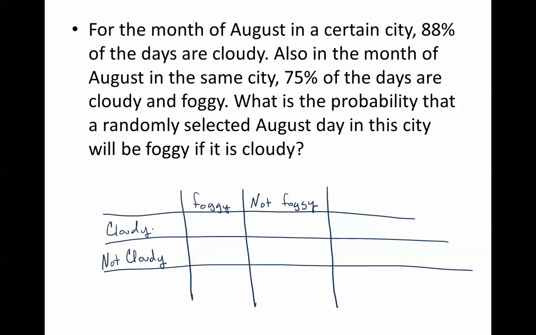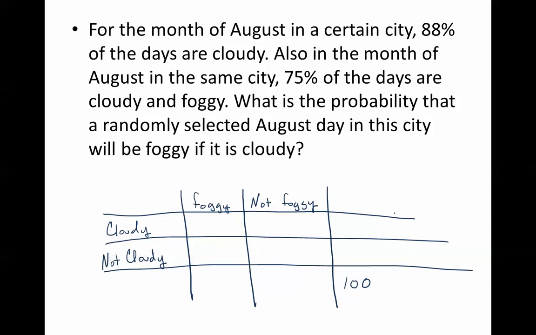So the way we're going to do this is by starting with some made-up value for our total population. Usually 100 is a good place to start, maybe even 1,000 if you know you're going to be breaking things down a little bit more. But for this one, I know that 100 is going to work.